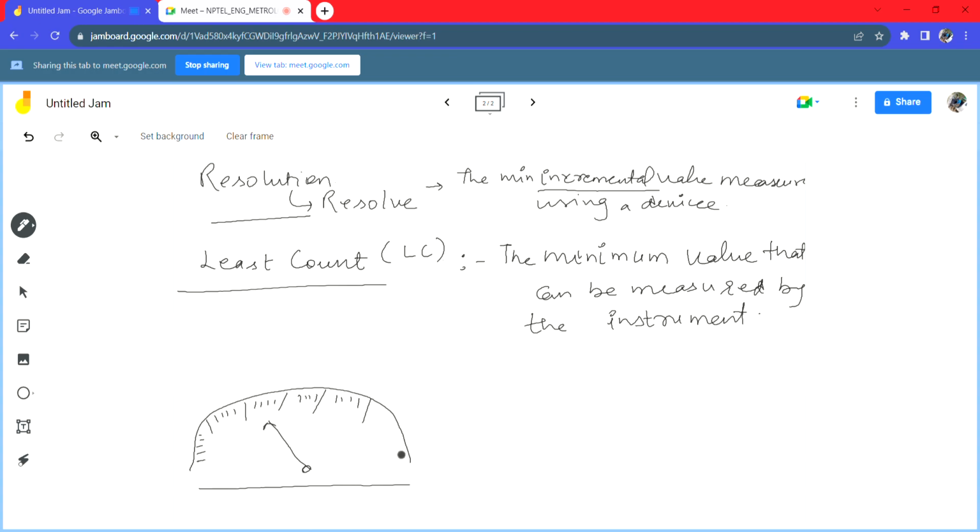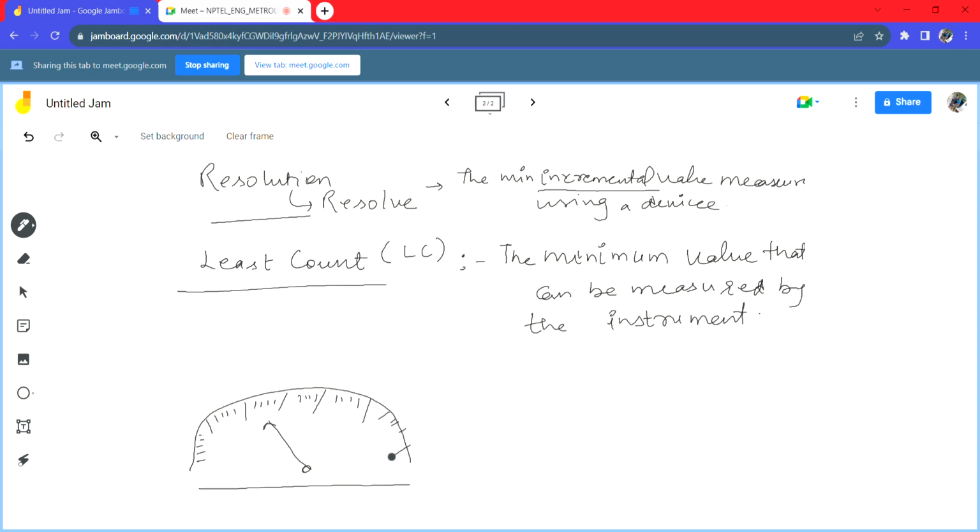This is the kind of instrument that we are using right now. This can be the speedometer that you see in your cars. This can be a galvanometer that can read currents. It can be any instrument. For general purpose, we are reading it.